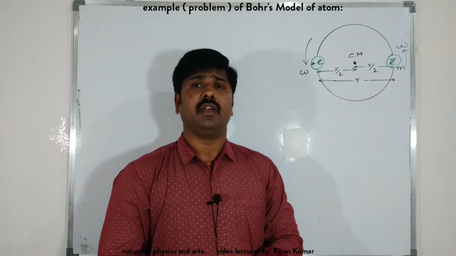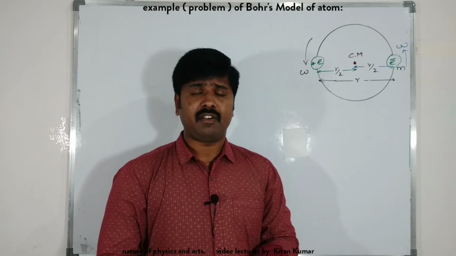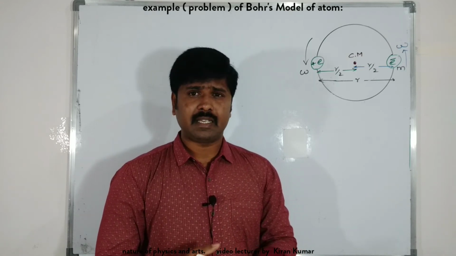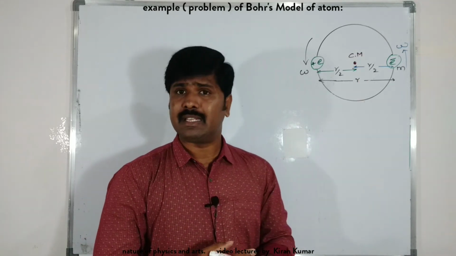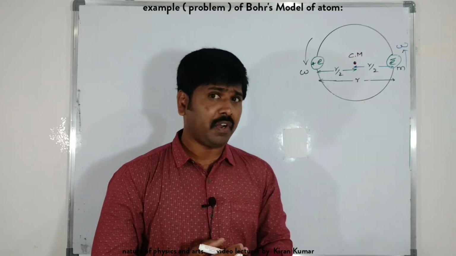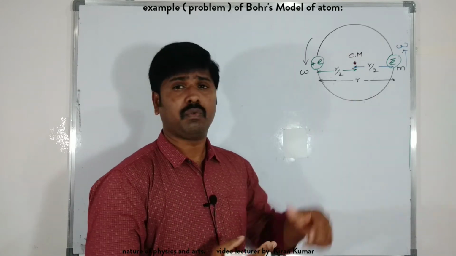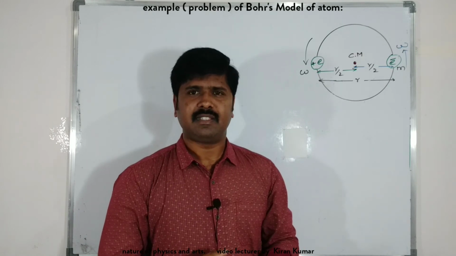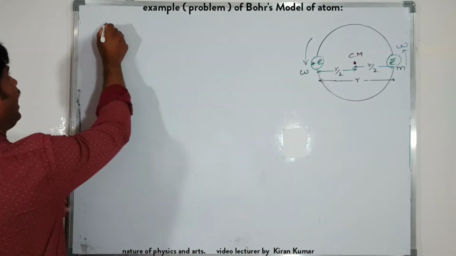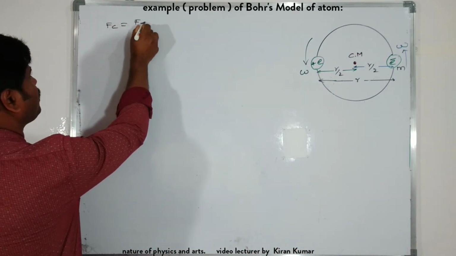First, based on the center of mass, we will discuss the centripetal force acting on the electron. The necessary centripetal force is provided by the electrostatic force between the positron and the electron, that is Fc is equal to Fe.